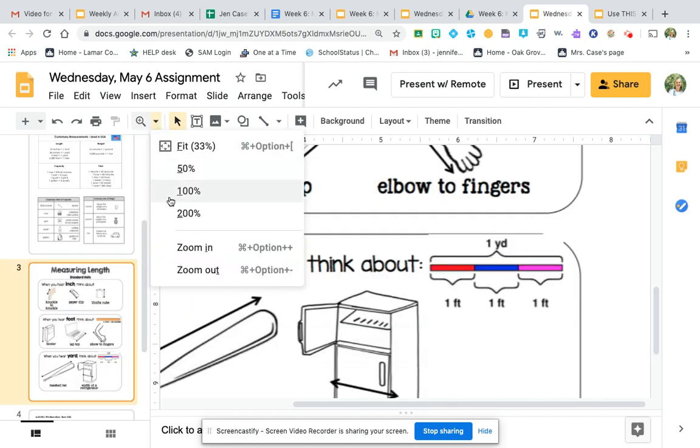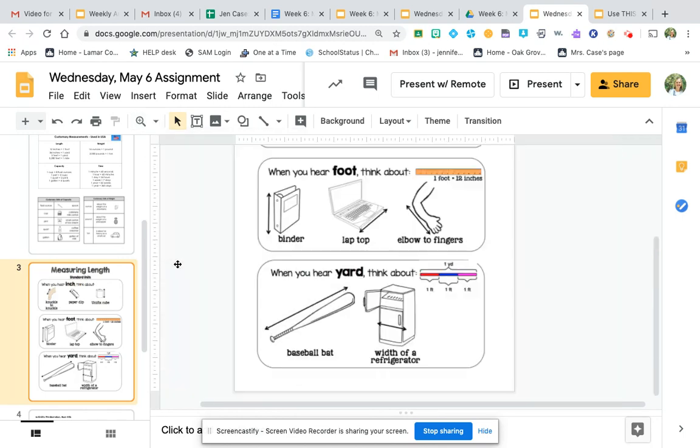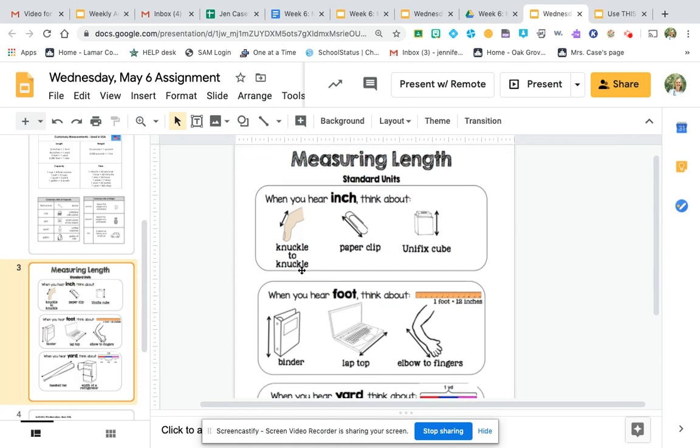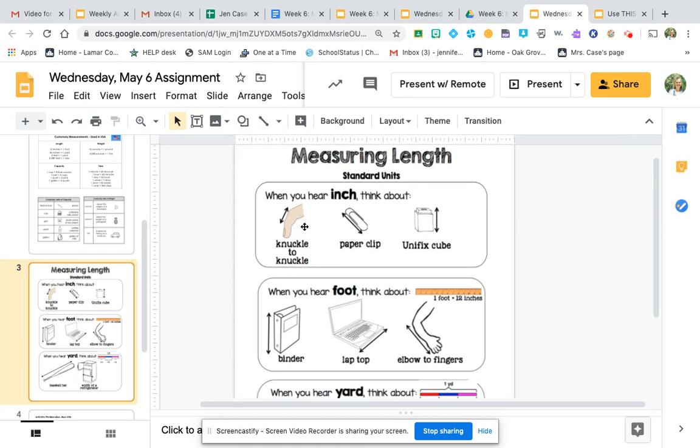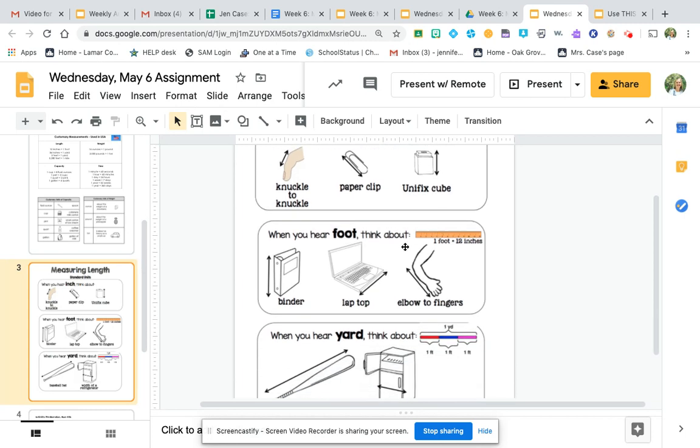This one is length. Let me zoom out a little bit. If you don't have a ruler, you can think about an inch from your middle knuckle to that first knuckle, or a paper clip, or a Unifix cube, which we have at school. A foot, which is 12 inches, is the size of a ruler.